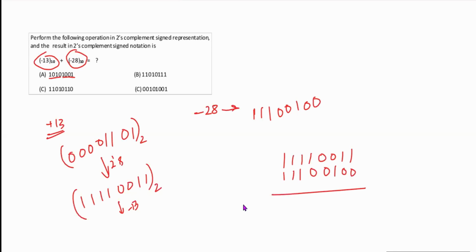If you add, 1 plus 0 is 1, 1 plus 0 is 1, 0 plus 1 is 1, 0 plus 0 is 0, 1 plus 1, 1 plus 0 is 1, 1 plus 1 is 0, 1 carry is there, 1 plus 1 plus 1, 1 is there, 1 carry is there. If you do it this way, you will get another extra carry, so you will end up with 9 bits. So you can just neglect this ninth bit from here, because you want your answer in 8 bit.